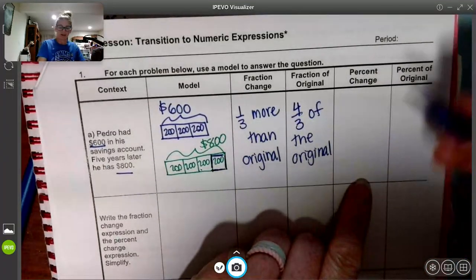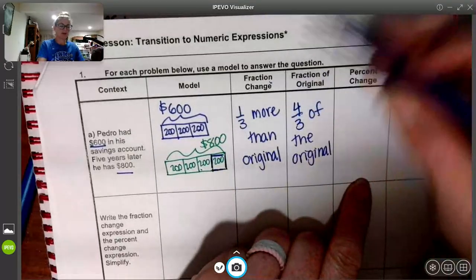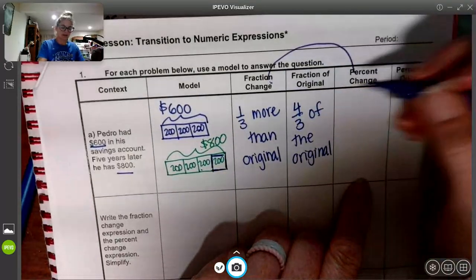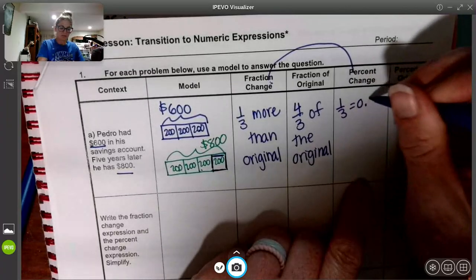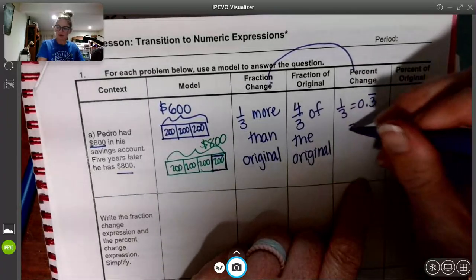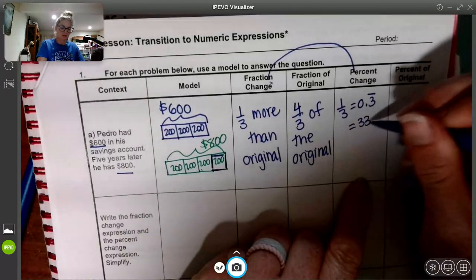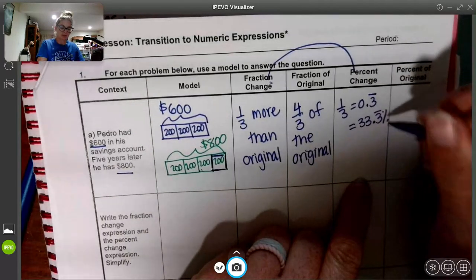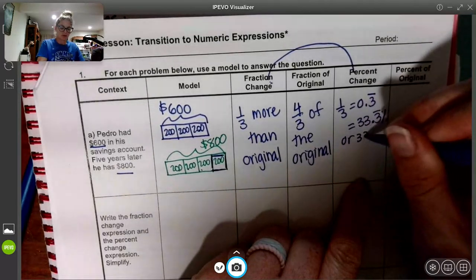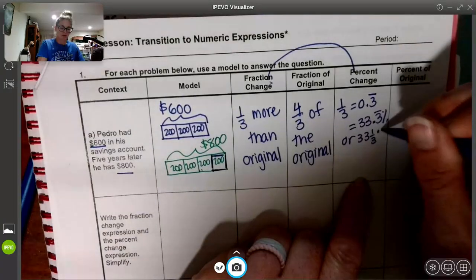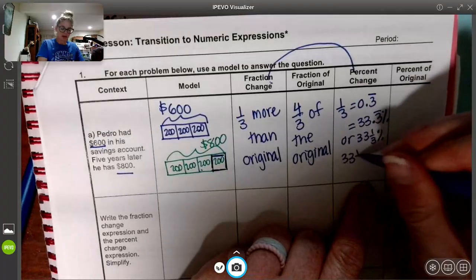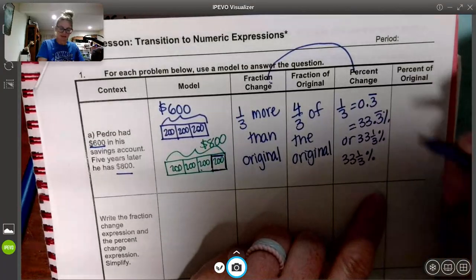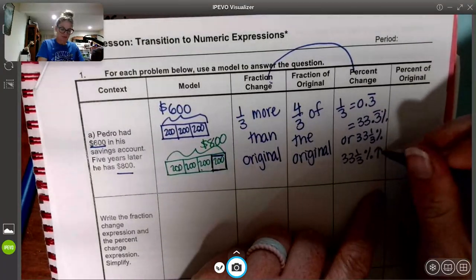So our percent change is our fraction change. These are going to be the same, but just as a percent. So 1/3 is 0.3 repeating, which we can say is 33.3 repeating percent, or 33 1/3%. So we know that this is a 33 1/3% increase.